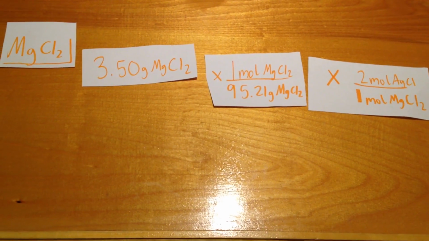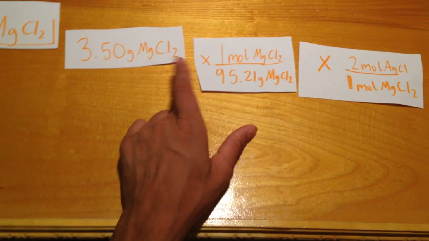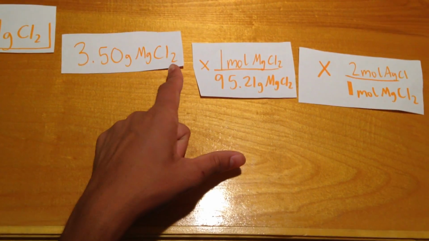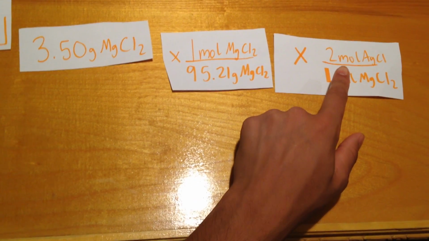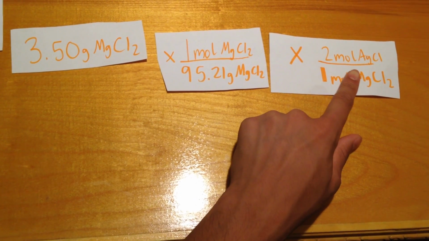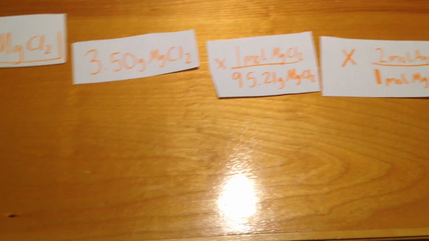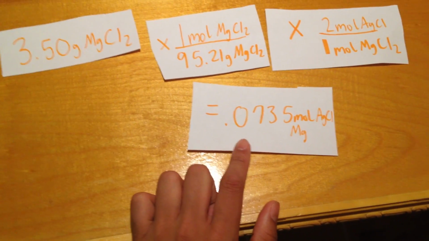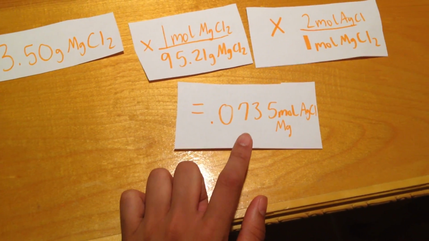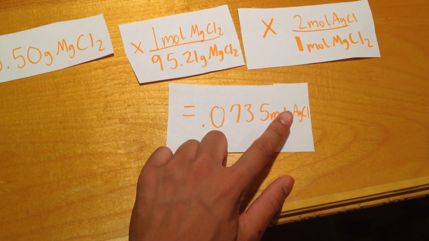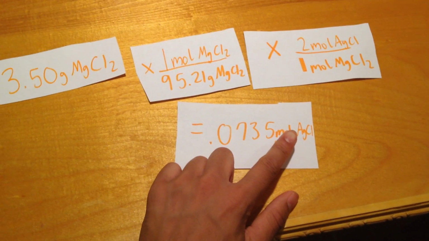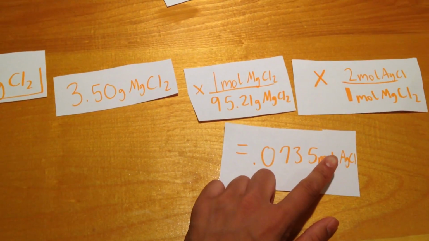So now I can just put this in my calculator by multiplying 3.50 grams of magnesium chloride times 2 moles of silver chloride and dividing that by 95.21. Once I do that, I get 0.0735 moles of silver chloride as my answer. So now the magnesium chloride part of this equation is done.